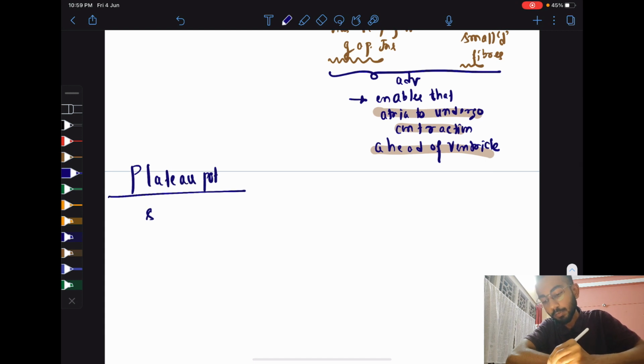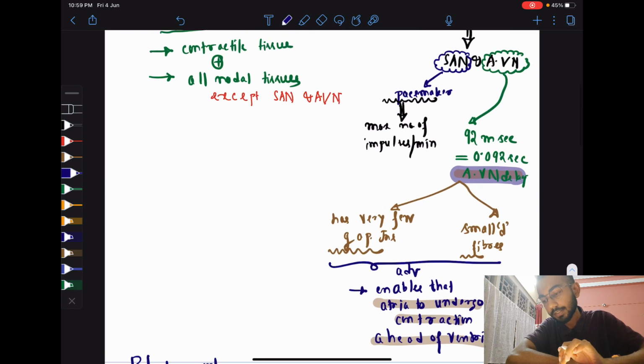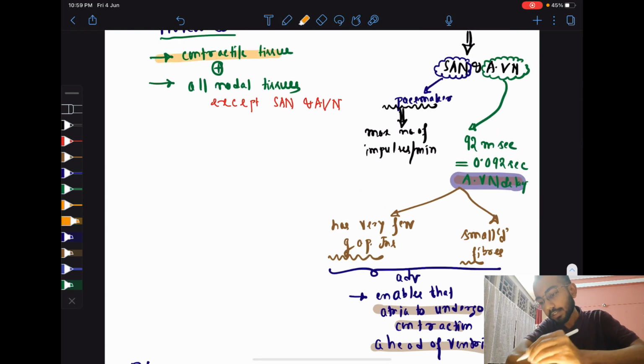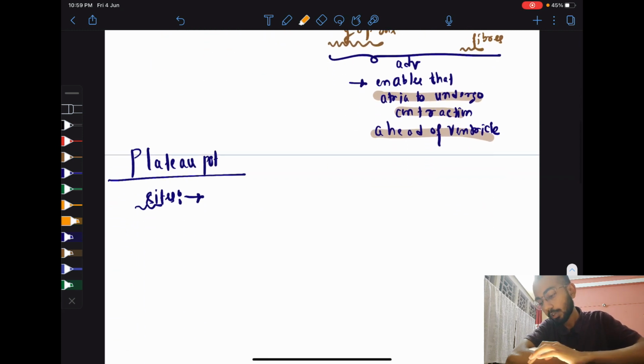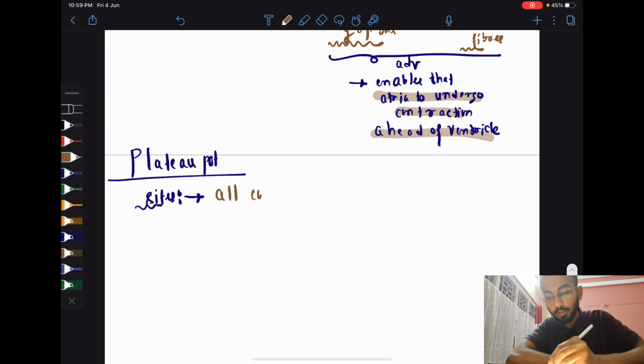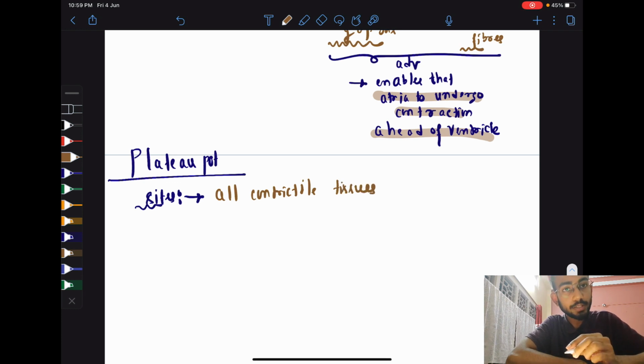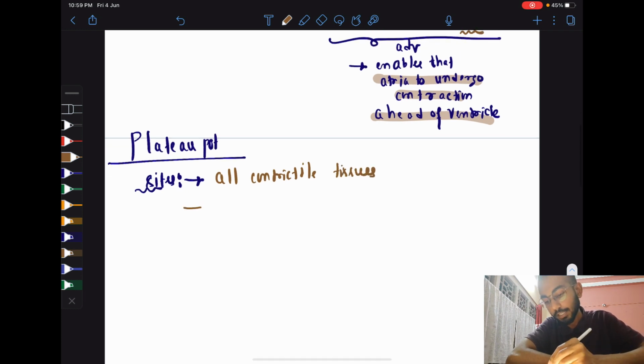I already mentioned about the sites guys. The sites for undergoing this plateau potential were all the contractile tissues and all the nodal tissues except the AV node and SA node. Now what do I mean when I say this? All contractile tissues and all the nodal tissues except the SA node and AV node, which means it will include the internodal tissues, right?